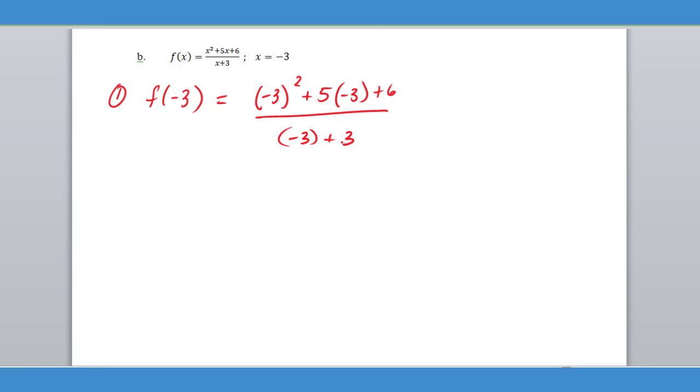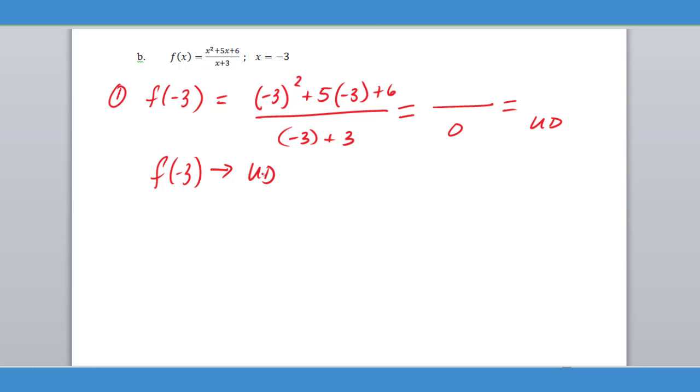I like to keep using parentheses to stay consistent all the way through the function, even if it doesn't have a higher degree exponent. As I do this, you can see that regardless of what happens on top, we end up getting a 0 on the bottom, which means f of -3 is undefined.